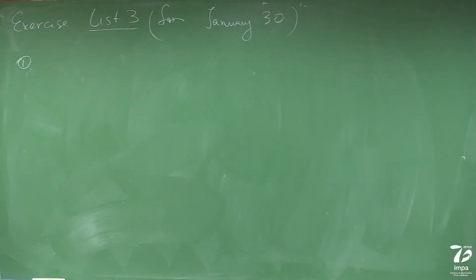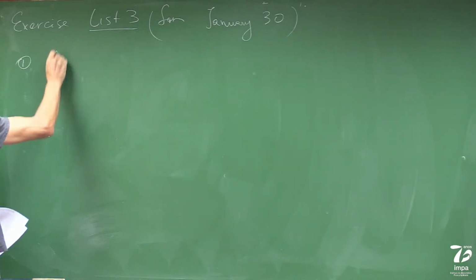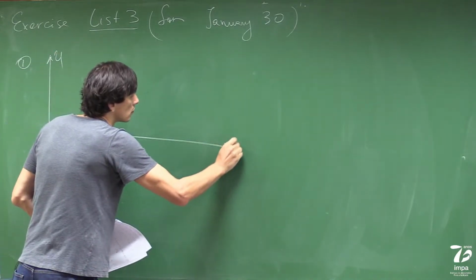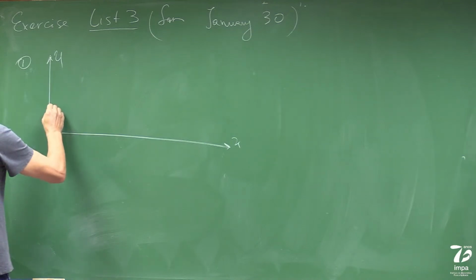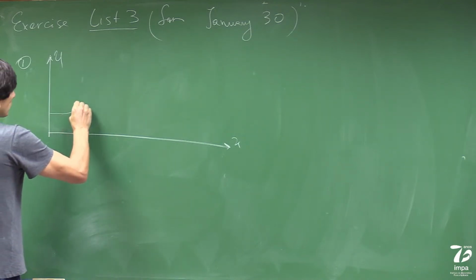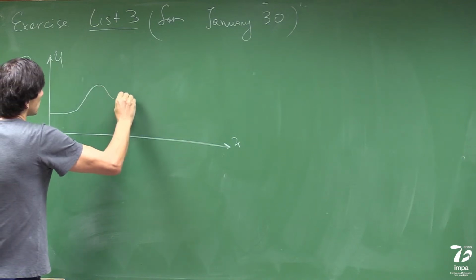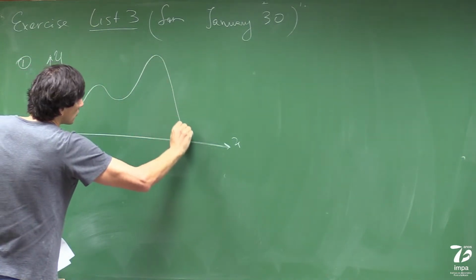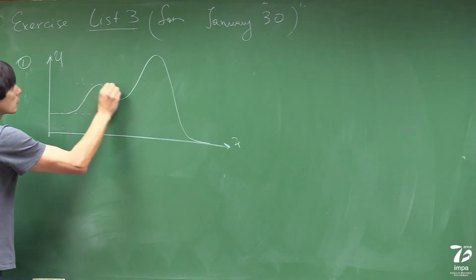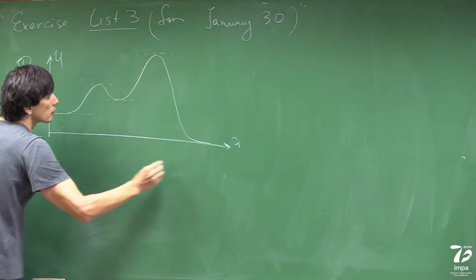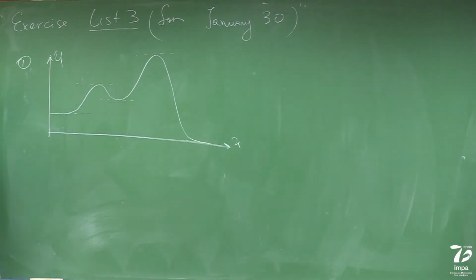So the three exercises. First, let's consider the potential. It will be looking like a sugar loaf, powder sugar. So we take some level. There are 3 levels: one level, another level, another level. So this is the potential.